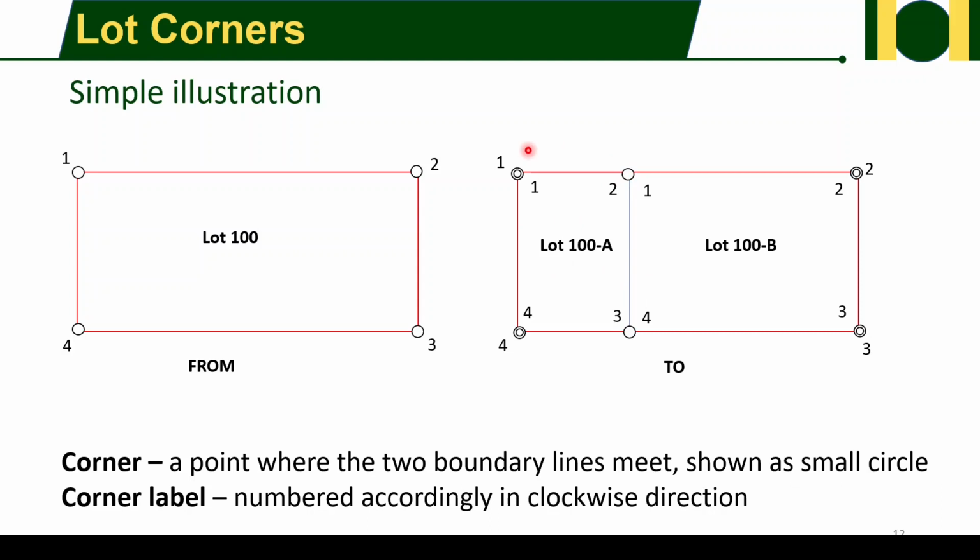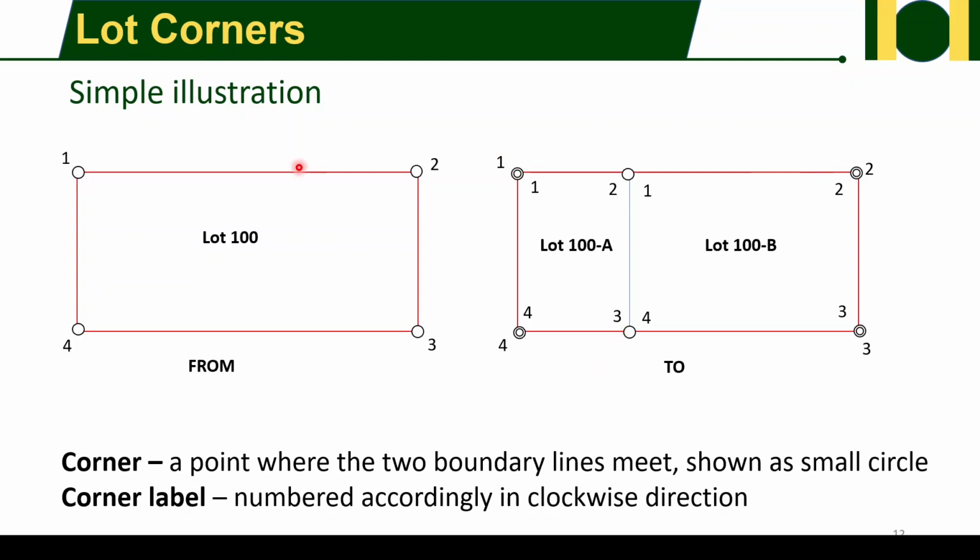So if you see an isolated survey plan, you will see double circles and single circles, so you can have a hint that the double circles are old corners, or the corners or vertices of the motherland.